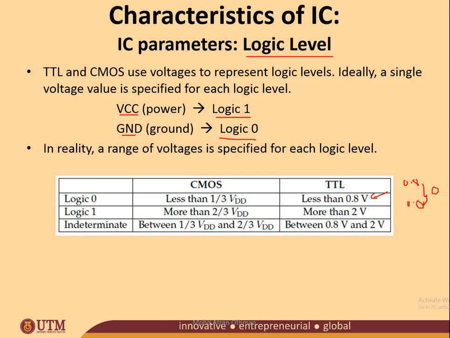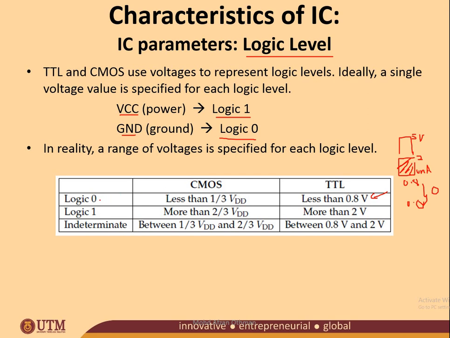And for logic 1, it must be more than 2 volts, let's say up to 5 volts, okay. And you will have a certain region we regard as undefined, or indeterminate, which is between 0.8 and 2 volts, okay.